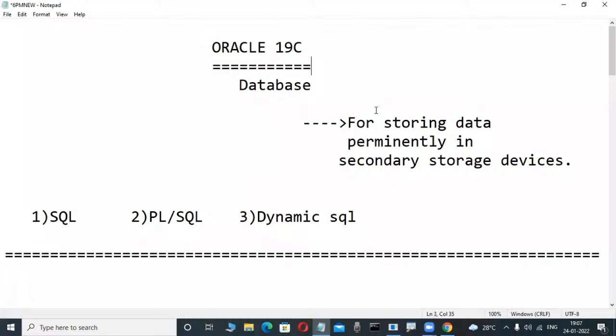One fellow is asking, Murali Sir, Ramesh. Okay, very good. I would like to try for PL/SQL development, sir, and I'm currently working as an L1 DBA. Very good.